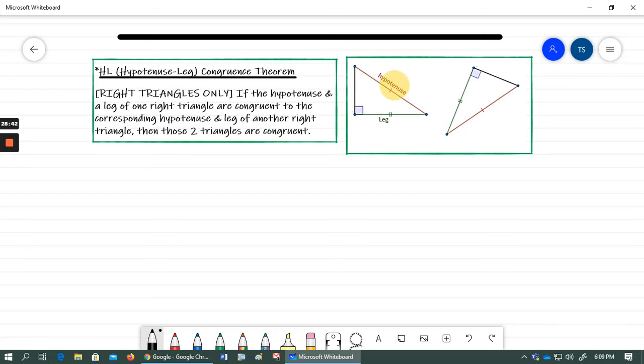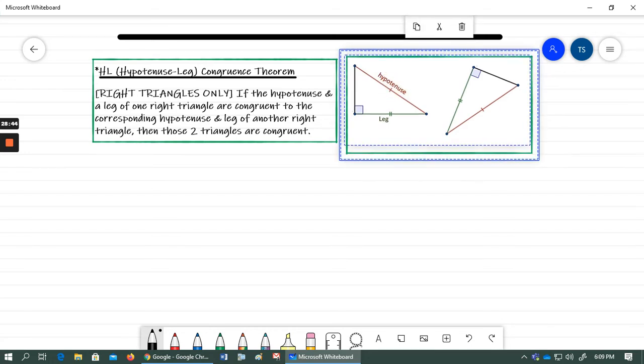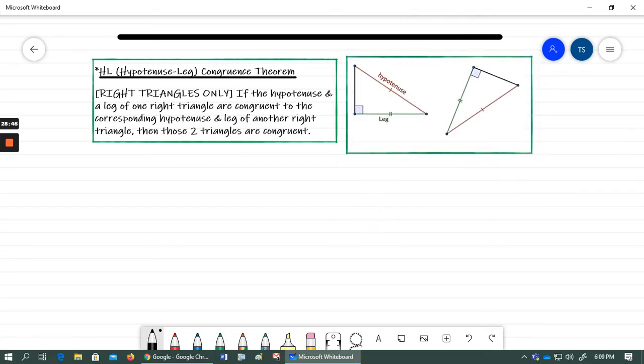So if you have the hypotenuse congruent to the hypotenuse of another triangle, and the leg congruent to the leg of another right triangle, then and only then can you say those two triangles are congruent by the HL congruence theorem, or hypotenuse leg congruence theorem.